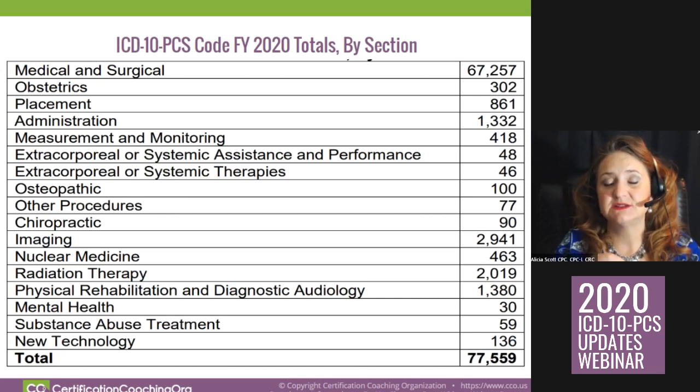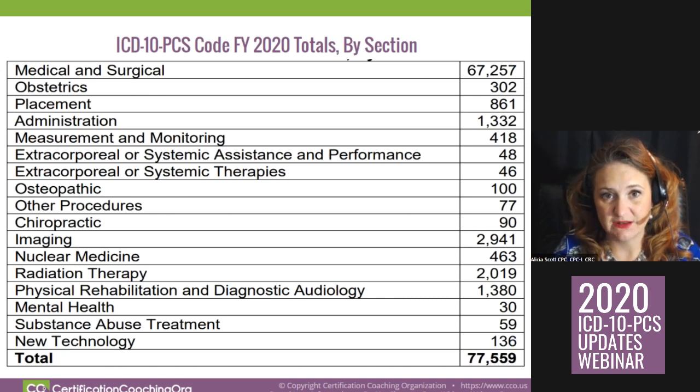It is an expandable and diverse code set, really brilliantly put together, quite honestly. And as most of us already know, Med-Surg is the largest area of PCS, but here's a breakdown of the codes that are in our other sections if you want to give that the old hairy eyeball and look.